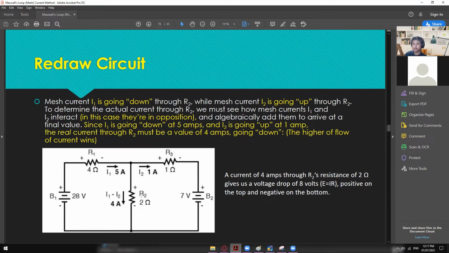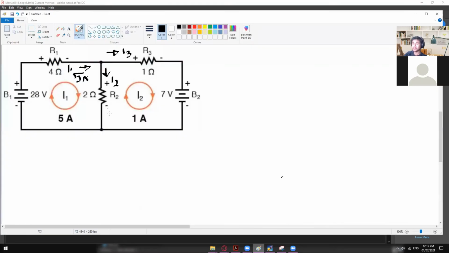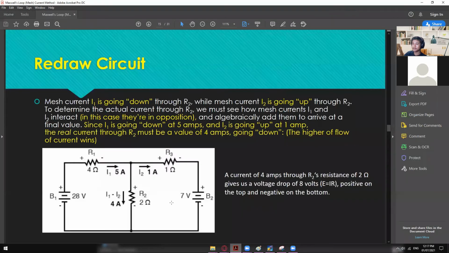Since this is the third current, we could just say that this is the I1 minus I2 or the I3 itself, which will give us a value of 4 amps. The labeling is incorrect, so to avoid confusion, let me just put here I sub 2, and then this one will become the I sub 3, just to make that the same with whatever we have in redrawing the circuit.